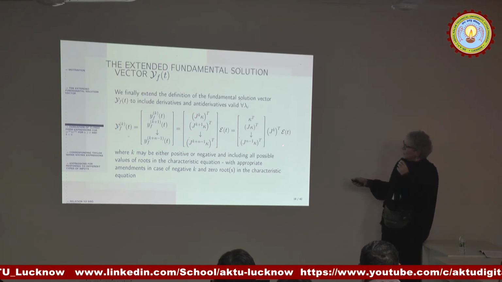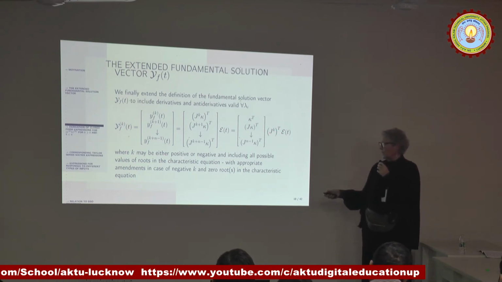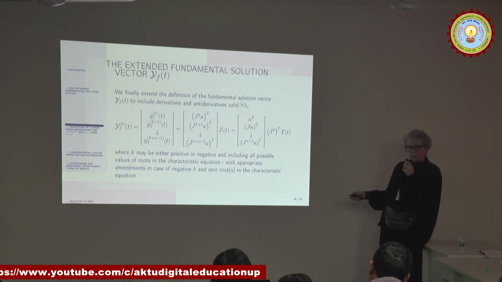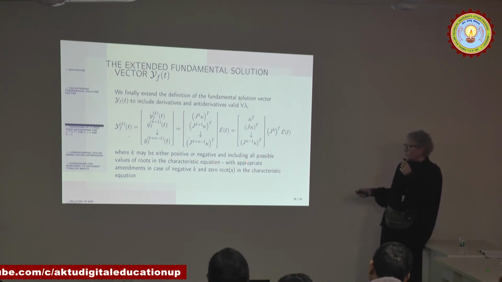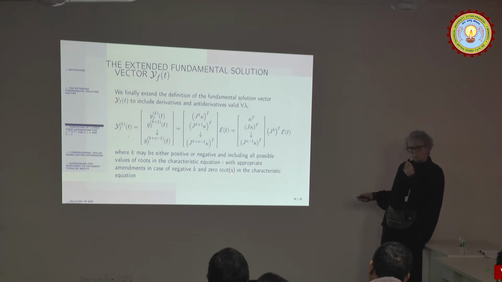And we can write this like that if we want to. K may be either positive or negative, including all possible values of roots in the characteristic equation, but with appropriate amendments in the case of negative k and 0 roots in the characteristic equation.